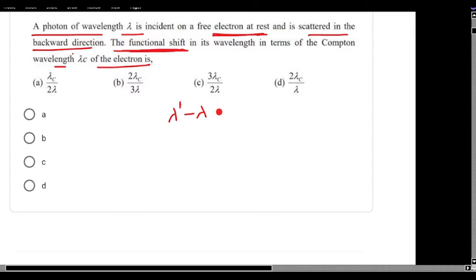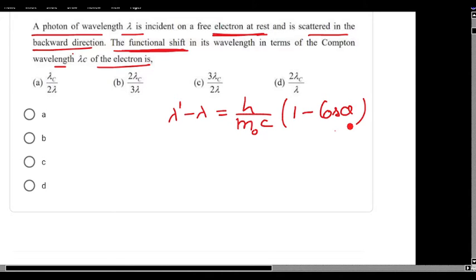The change in wavelength is given by lambda dash minus lambda equals h by m naught c, times 1 minus cos theta, where m naught is the rest mass of the electron, c is the speed of light, and h is the Planck constant. Lambda dash is the wavelength of the scattered photon, and lambda is the wavelength of the incident photon.